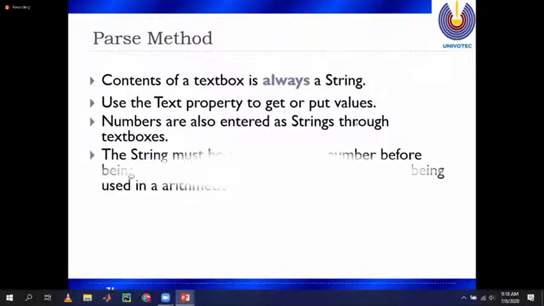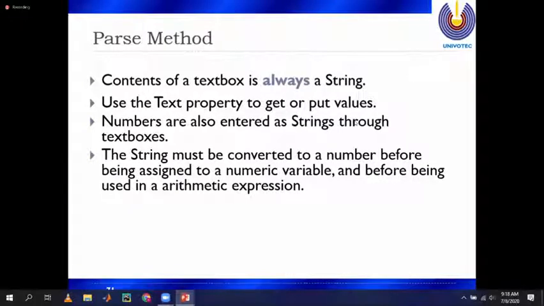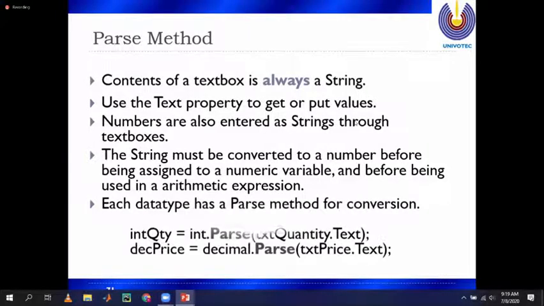And we want to convert it. The string must be converted to a number before being assigned to a numerical variable and before being used in an arithmetic expression or calculation. We want to convert numbers, dates and times, everything. Therefore, we use the Parse method for each data type.